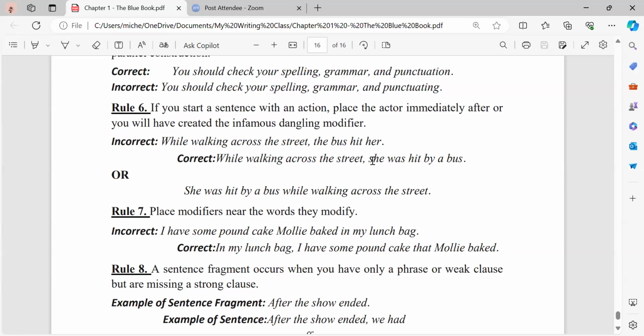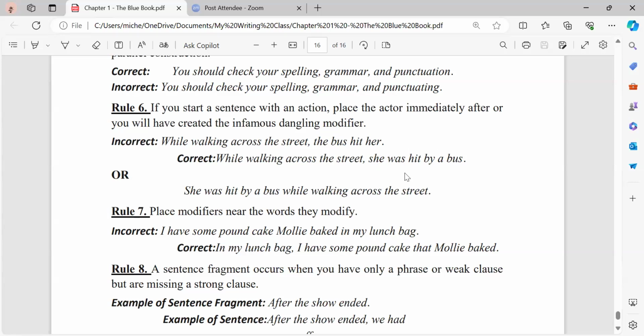We need to know what was hit. It seems that the sentence is not complete, even though it is actually a complete sentence. So it sounds like the readers are hanging just based on our sentence. They think that it's not a complete sentence. So that's why we need to specify the subject right here.